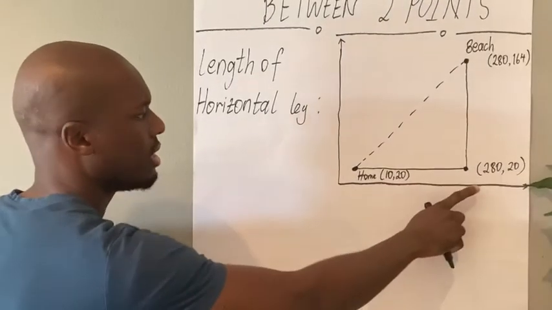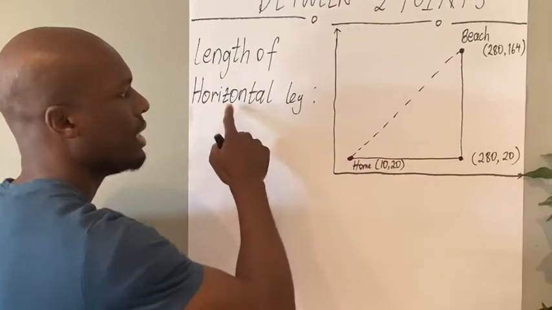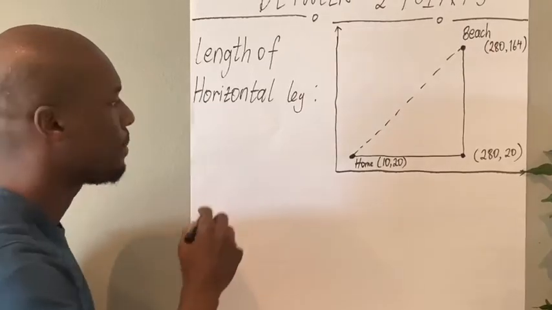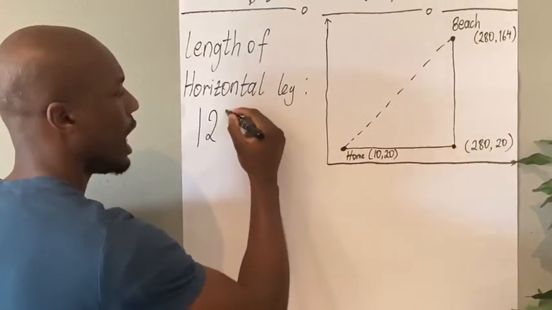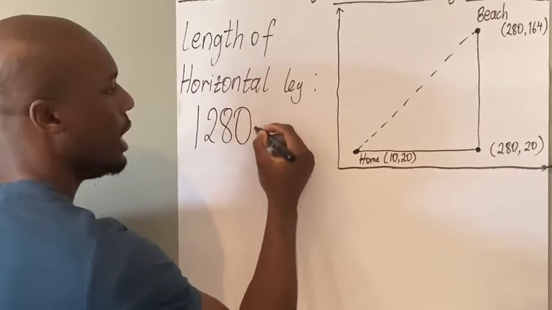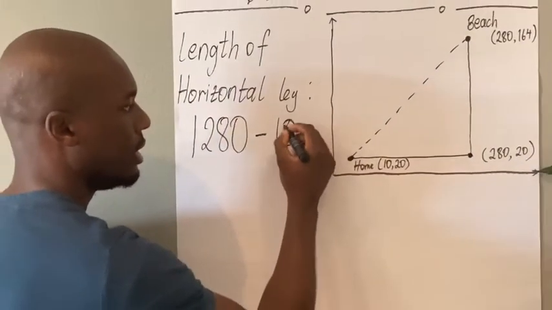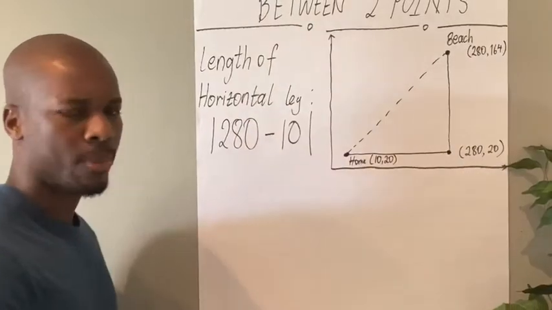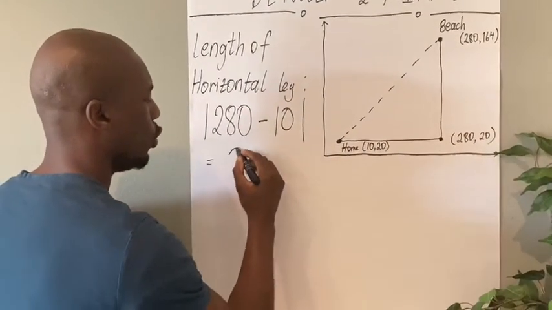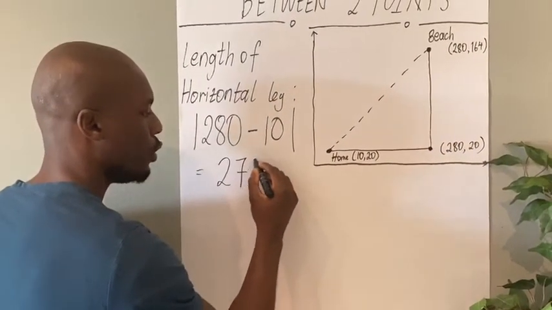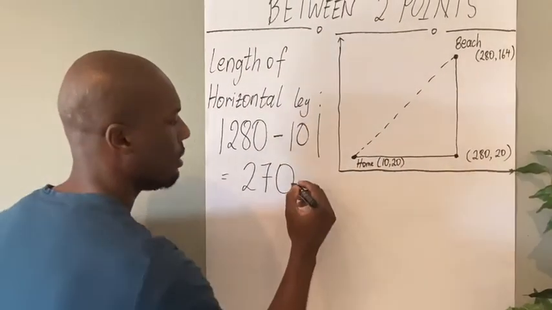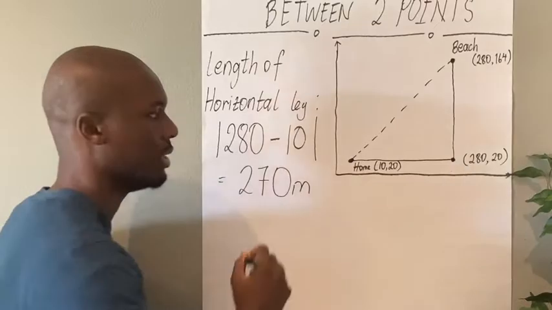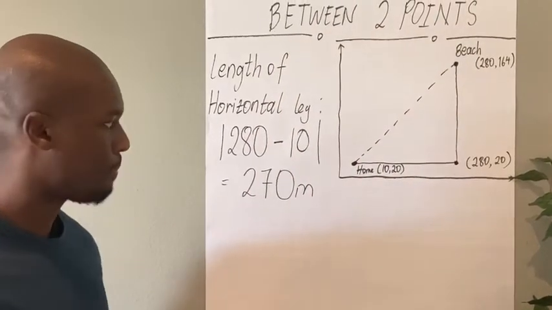So to find the length of the horizontal leg, I'm going to find the absolute value of 280 minus 10. And that should give me 270. Mind you, these lengths are in meters, right? So my length here is 270 meters.